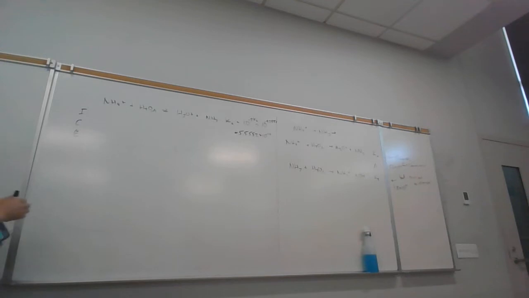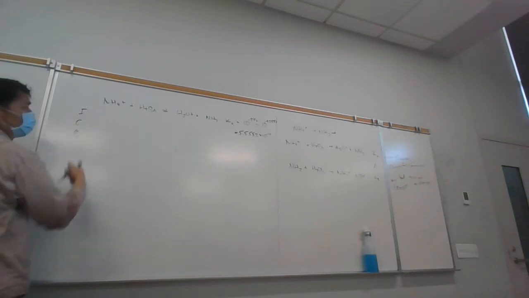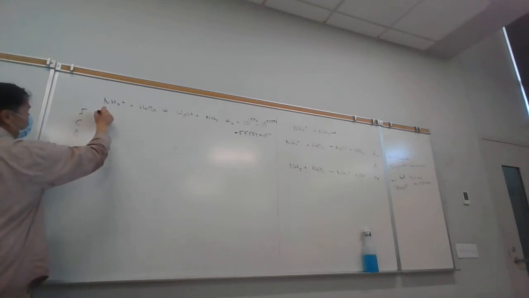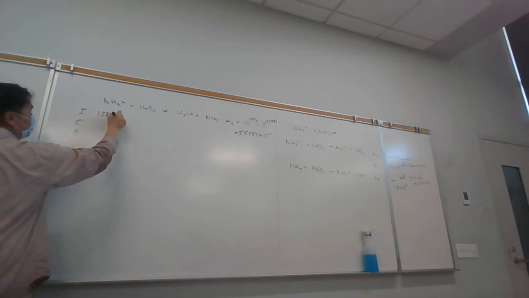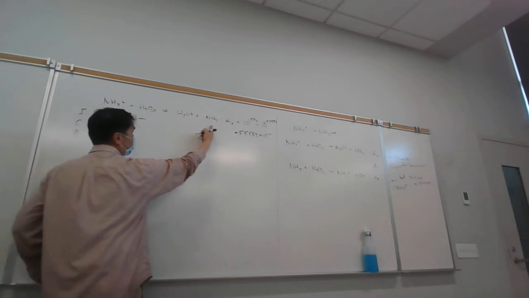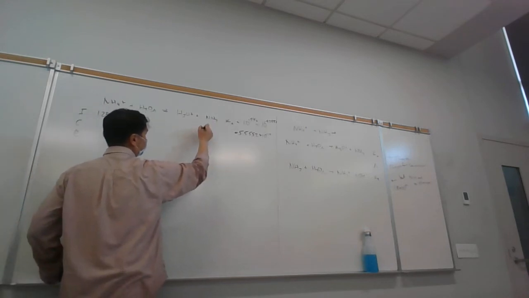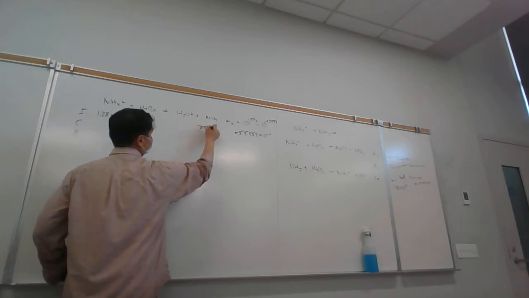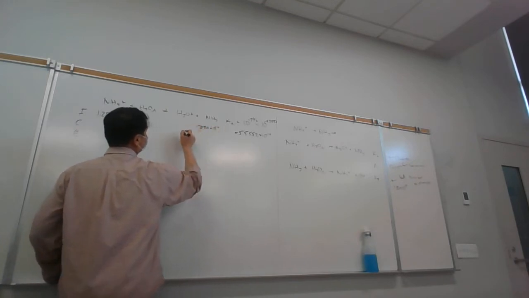Okay, so I'm going to go ahead and plug in the concentration of ammonium. What was the concentration that we calculated? Ammonium was 1.28 times 10 to the negative 5. And ammonia? 7.2 times 10 to the negative 6.